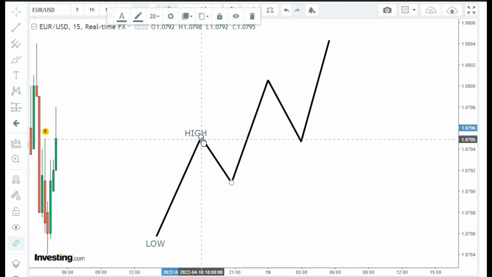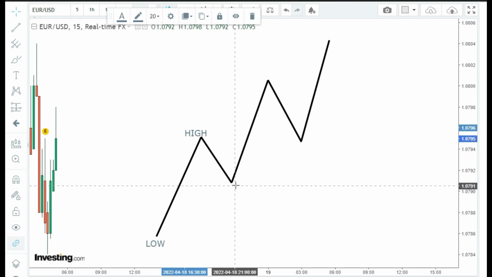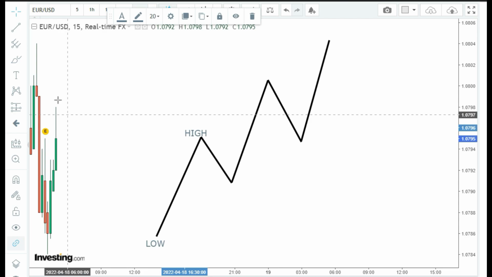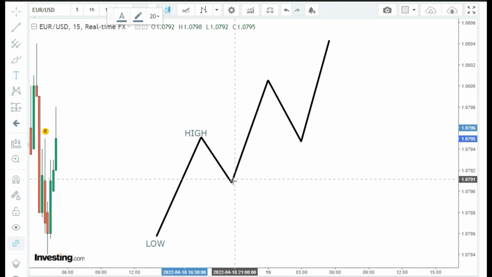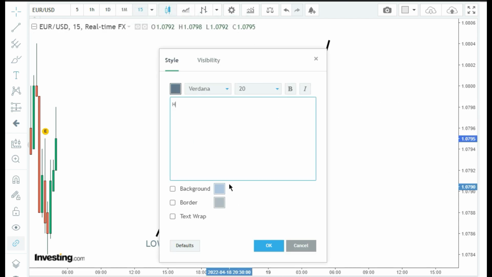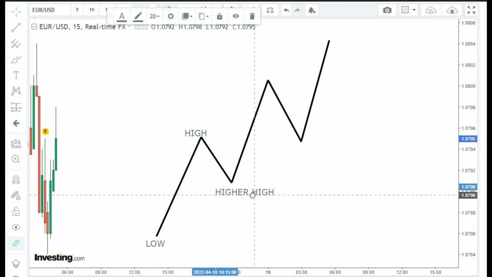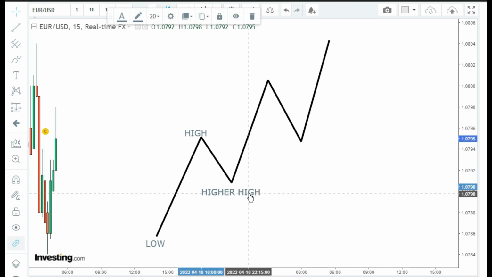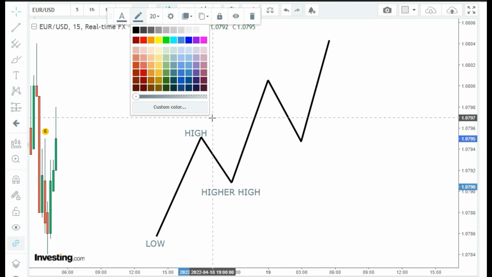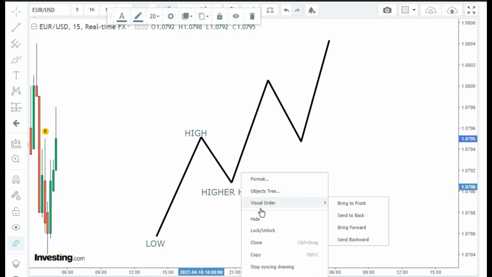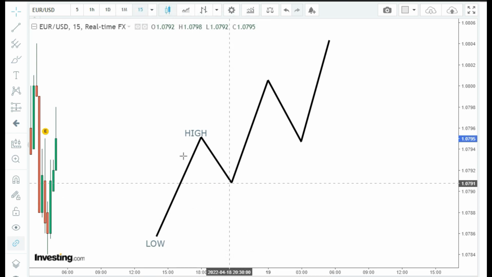Now the market retraces back and goes till this level.